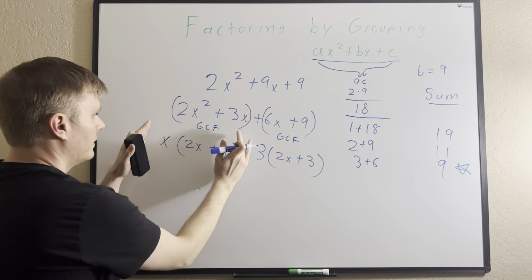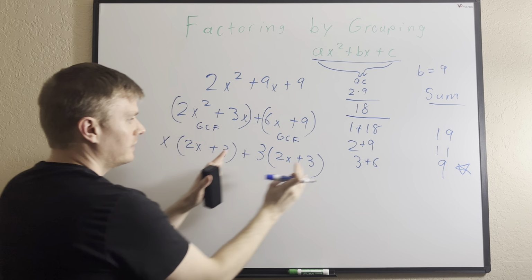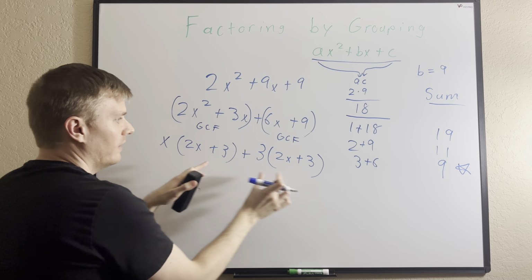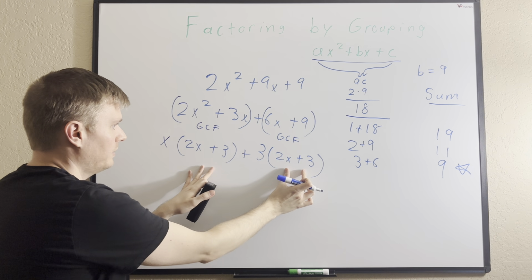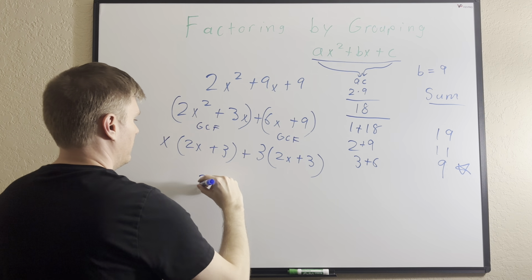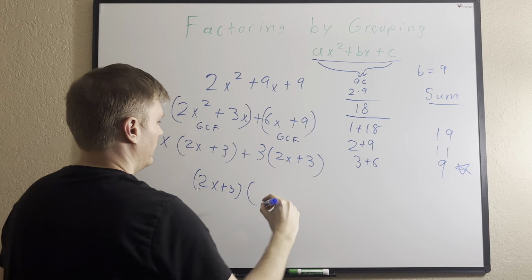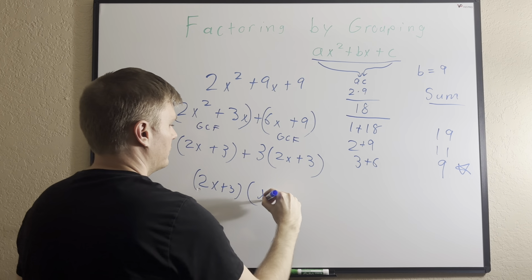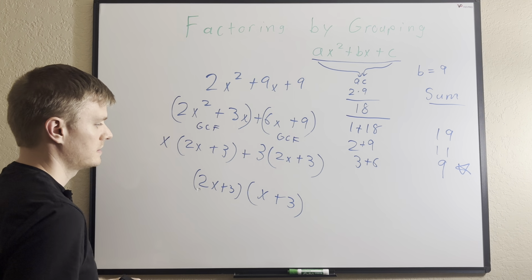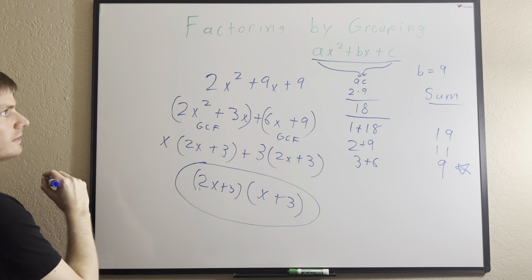Well, if you think of this as all one term because it's being multiplied together, and think of this as all one term, they both have a 2x plus 3 in common, don't they? So we can factor that out. 2x plus 3 times, what's left? x plus 3. The coefficients. And there's your answer. It's all factored out.